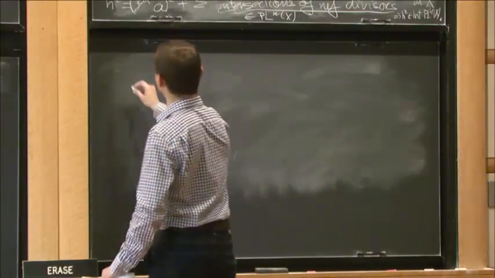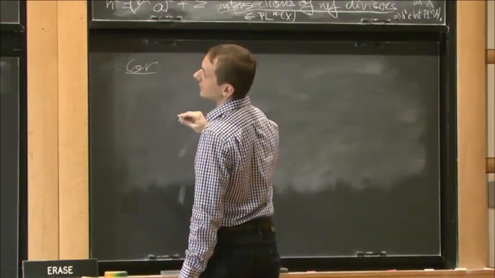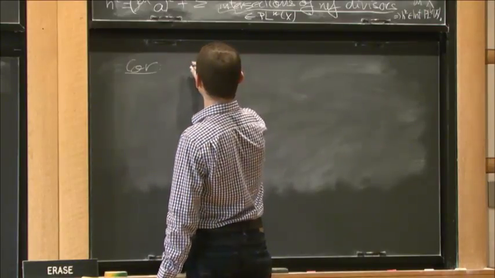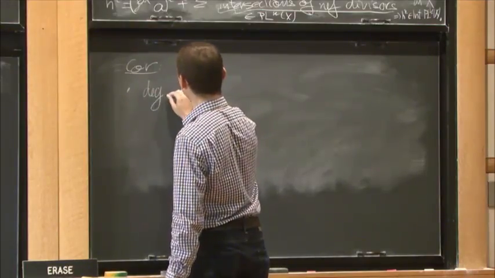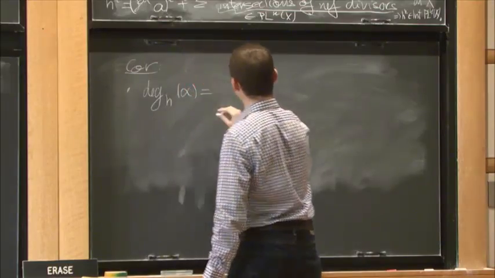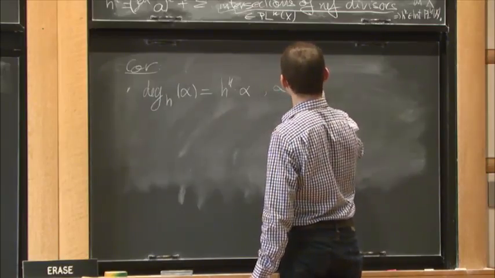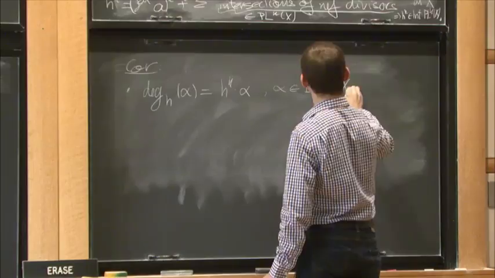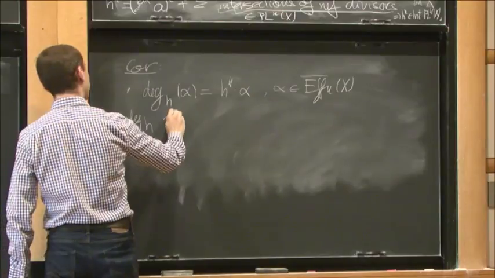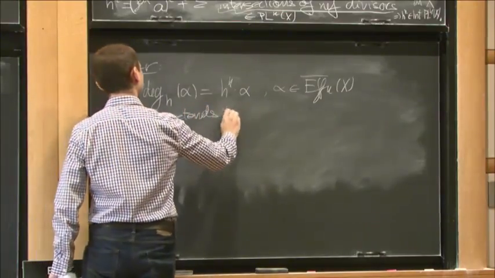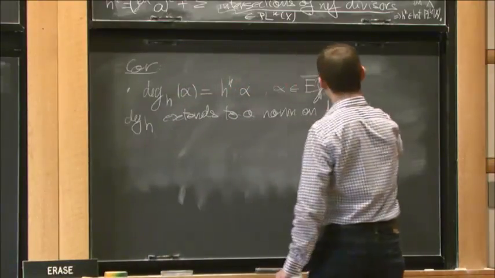Okay, so what are some corollaries of this theorem? So this would be a restatement of the theorem. If I define the degree with respect to H of a class alpha as H to the K times alpha, where let's say alpha is pseudo-effective, then this function extends to a norm on the span of the pseudoeffective cone.